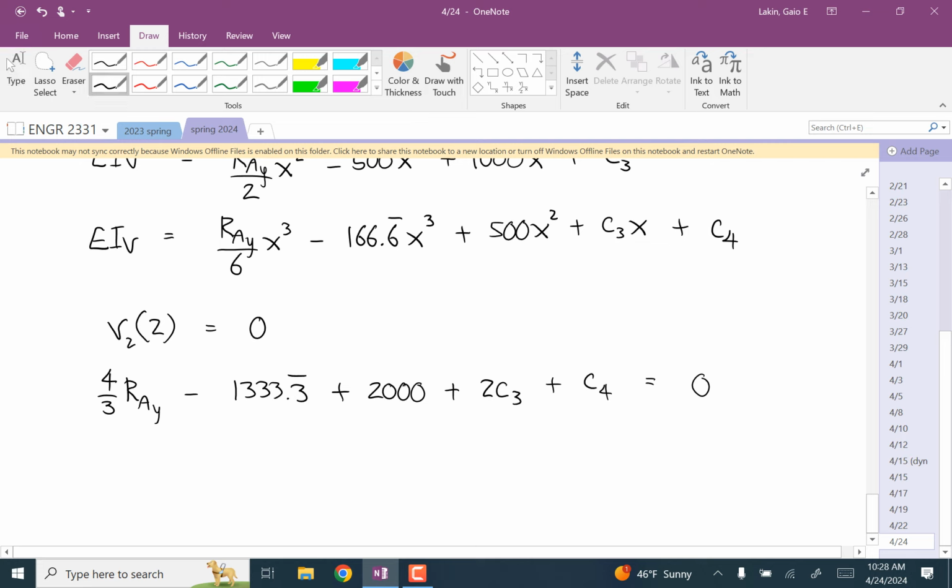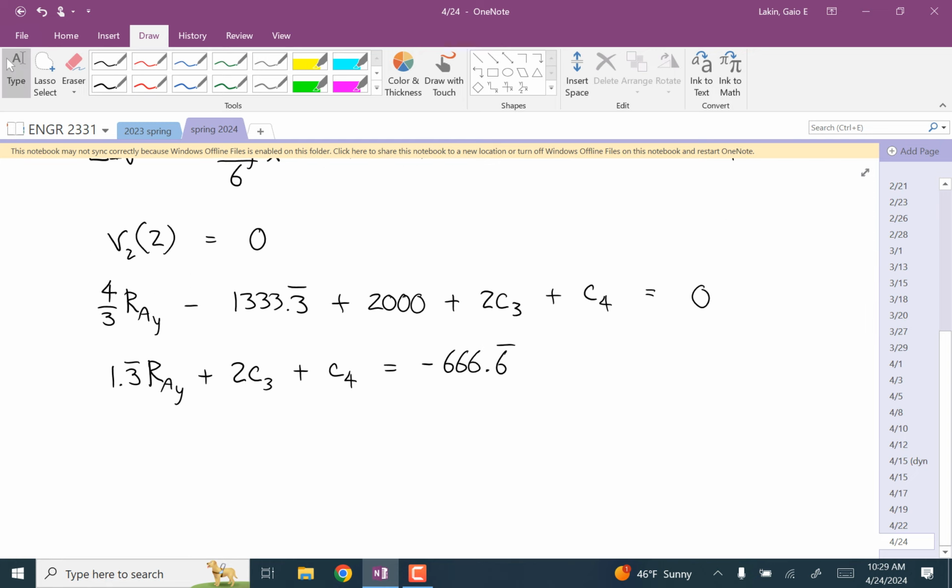And so that's 1.3 repeating RAY plus 2C3 plus C4 is equal to negative 666.6 repeating. And this is equation 6.